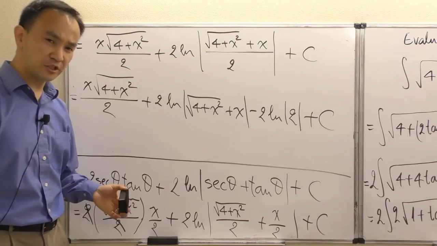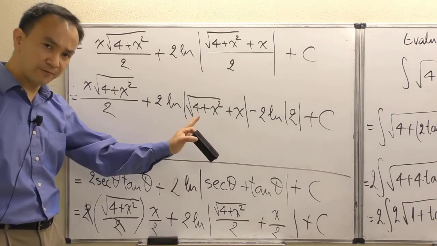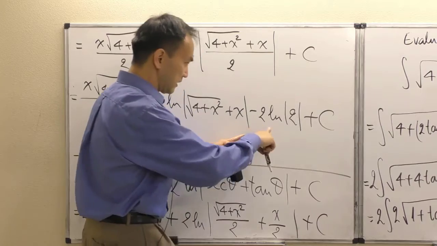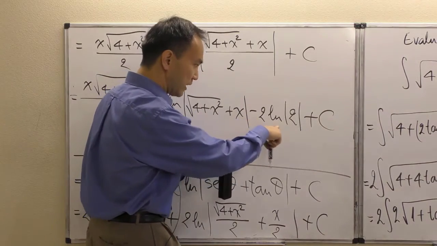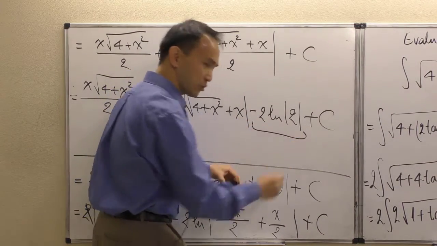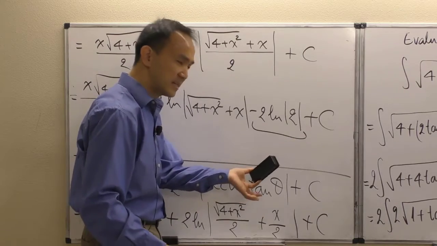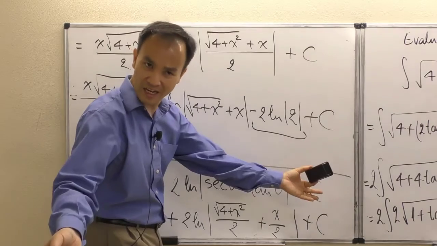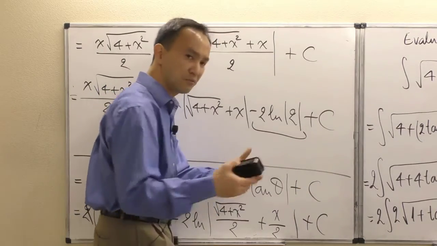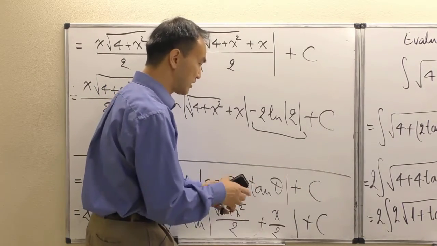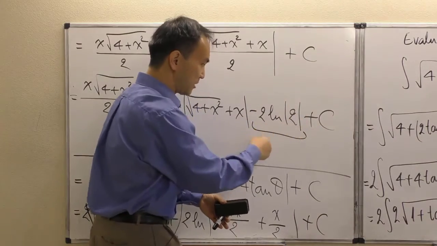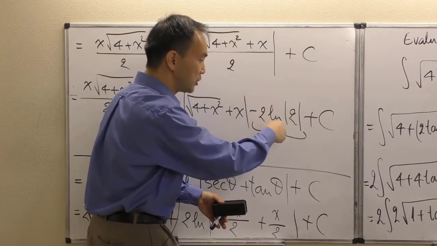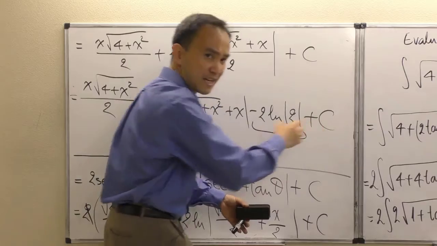But I want my students, or viewers who are learning from me right here, to see this. In the end, the minus 2 natural log of 2 here is a constant as well. It's a constant additionally being added on top of that plus c. So that's why you see this throughout many calculus textbooks. They skip this part because they include that minus 2 natural log of 2 together with that c.